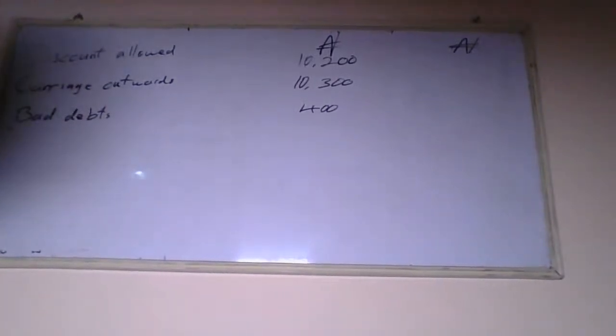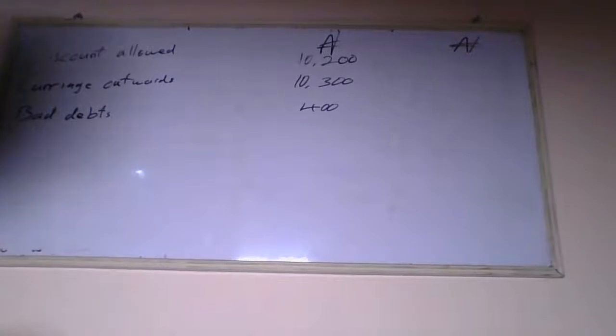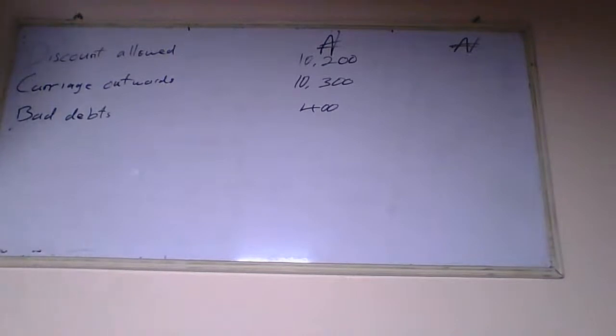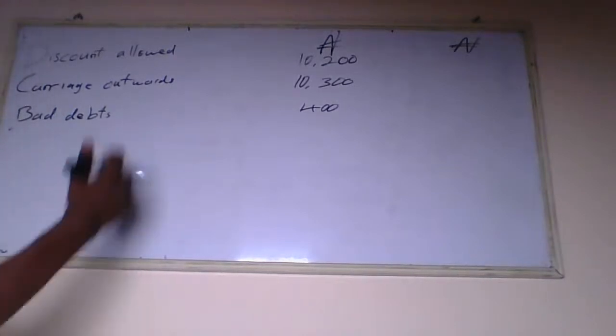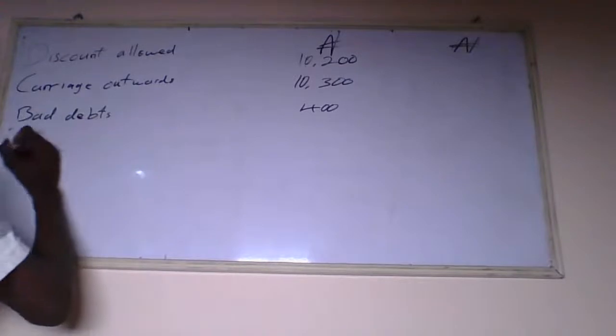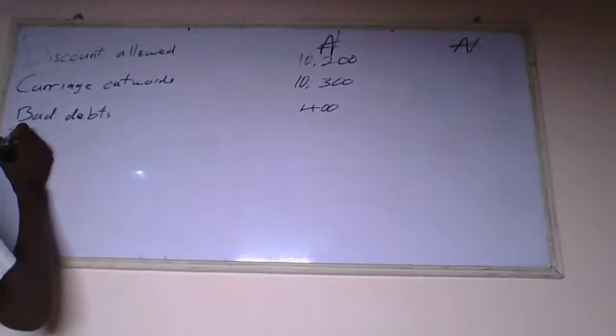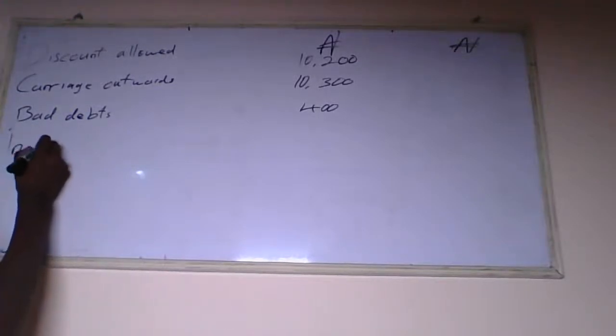Okay, if you check your question, go above bad debts, you will see provision for bad debts, which is 200. So now we calculated our provision for bad debts to be 900 just now. So we're going to take the difference. So that means from 200, our provision is increasing all the way to 900. So we're going to record the increase in the provision.